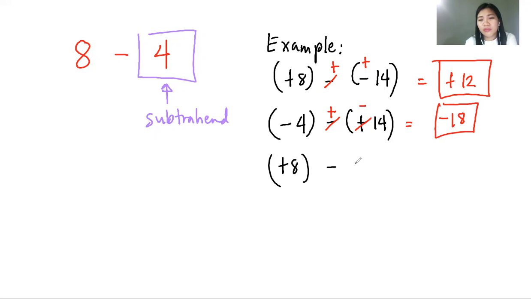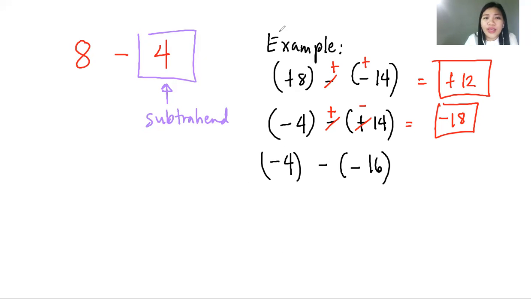Let's have another example, negative 4 minus negative 16. What will we do for this one? This minus sign will become a plus sign, and this negative sign will become a positive sign.